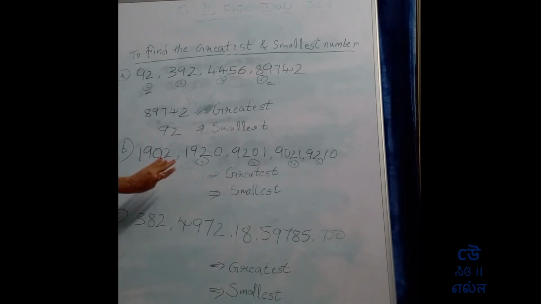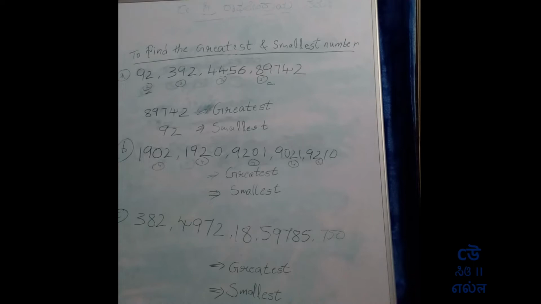In this example, we have an equal number of digits, that is, each number has 4 digits. So what to do? The second trick: the first trick is to write the number of digits in each number.